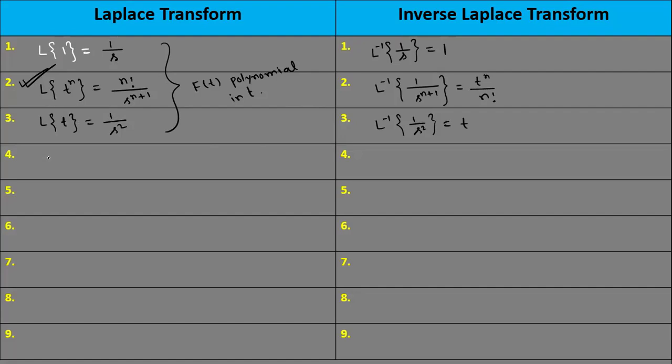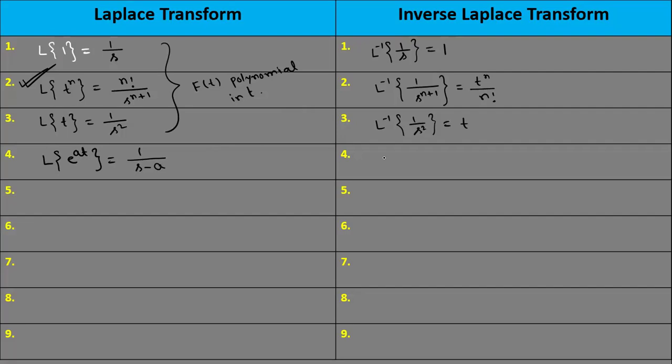Now, formula number 4. Laplace of e to the power at. Here you have to write 1 by s minus a. If the power a is a positive sign, then you have to take a negative sign here, the opposite.